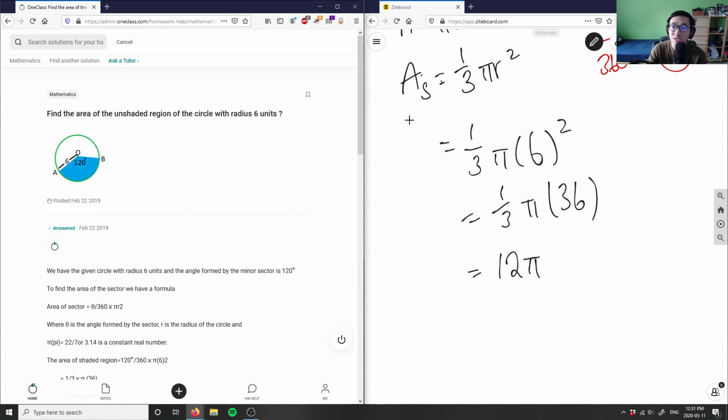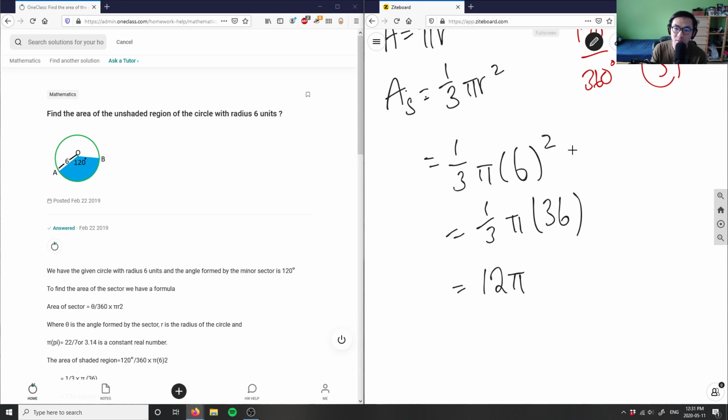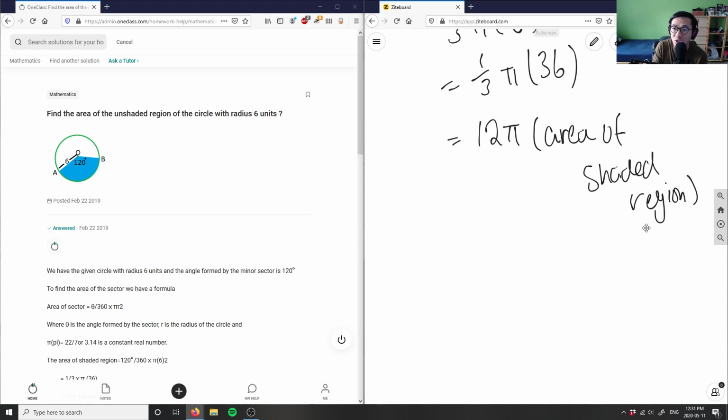Or sorry, I want the unshaded region. Oh, I messed up. Okay, that's fine. So this here is the area of the shaded region. Therefore, the area of the unshaded region would equal the total area minus the area of the shaded region, obviously, right?